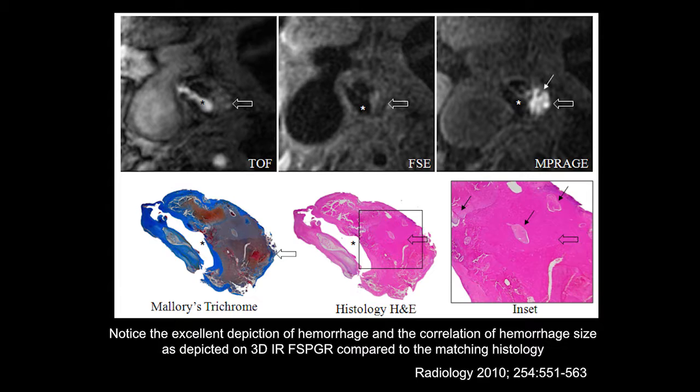So time of flight can see it, fast spin echo T1, MP RAGE, as we showed in our radiology paper, was the single best way of showing it, and this was from our paper, and this illustrated a worst case scenario where this large area of intraplaque hemorrhage had these large calcifications interspersed in there and caused these two sequences to lose some of their signal intensity, the brightness of hemorrhage. But basically, we again have good histological correlation. When it's bright on any of these three sequences, again, MP RAGE is the best, you can take that to the bank that there is intraplaque hemorrhage.